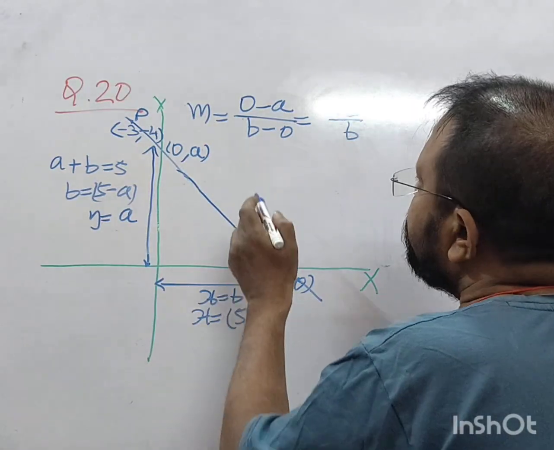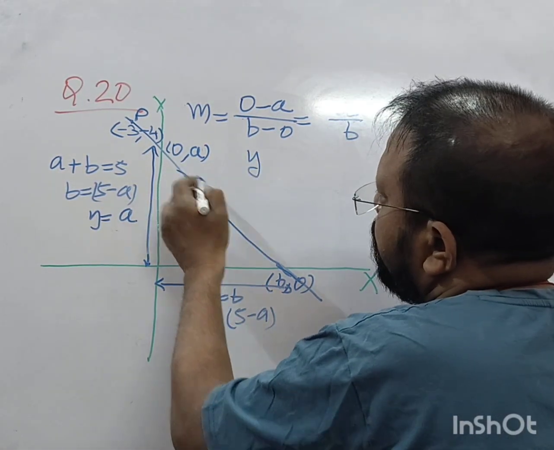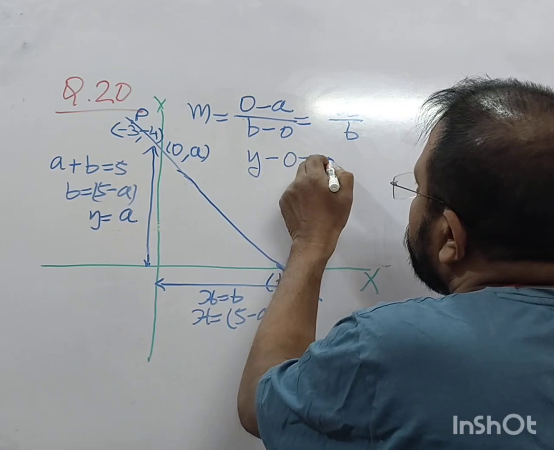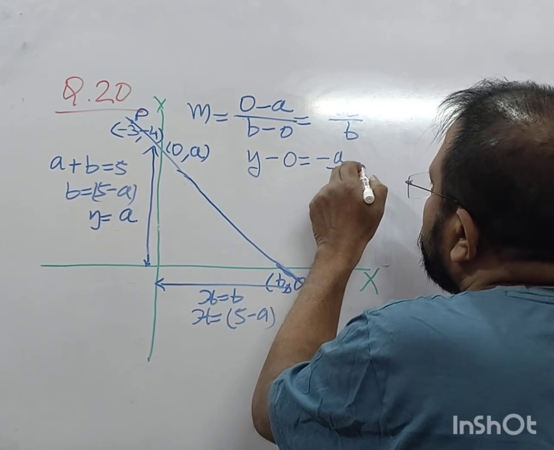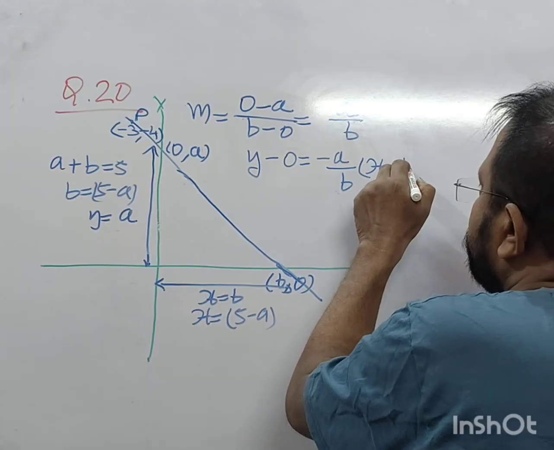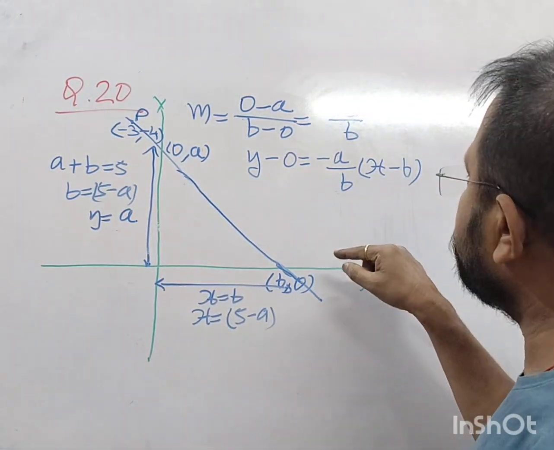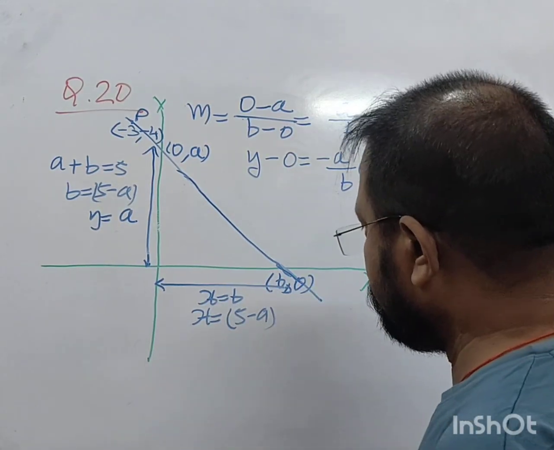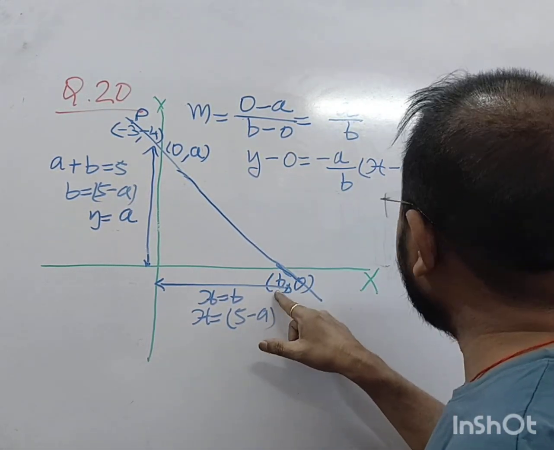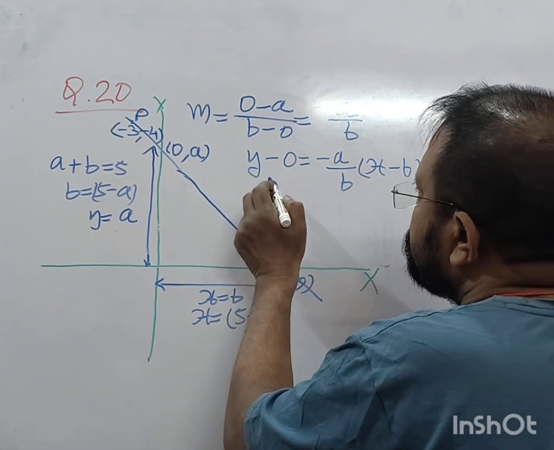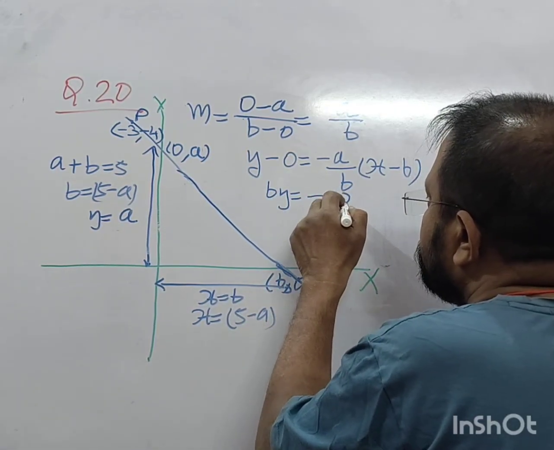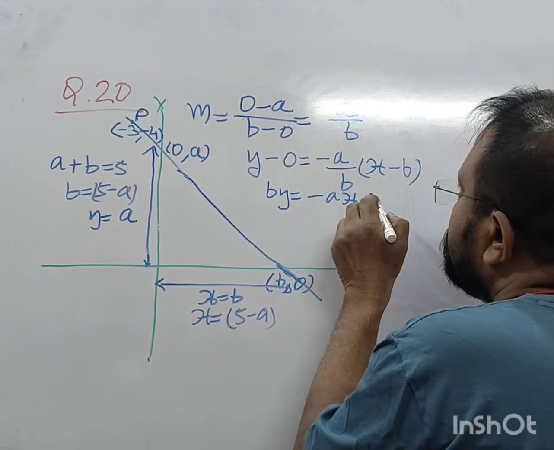Now, taking a point from the coordinate axes, y minus 0 is equal to minus A upon B, bracket x minus B. Because this is B, we have taken y as 0 and x as B. When cross multiplied, By is equal to minus Ax plus AB.